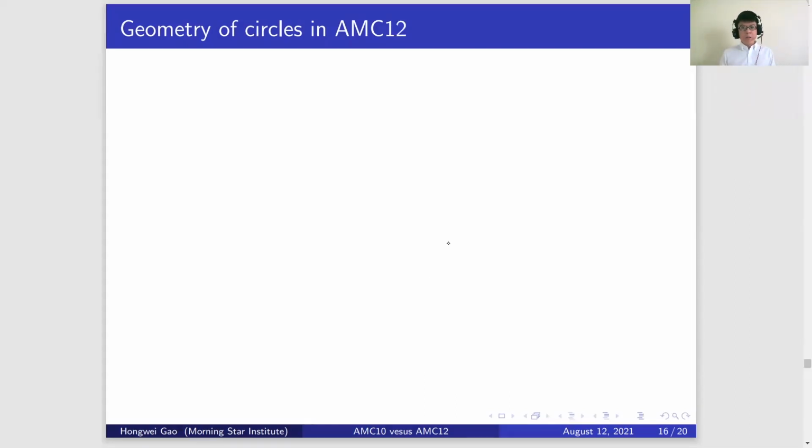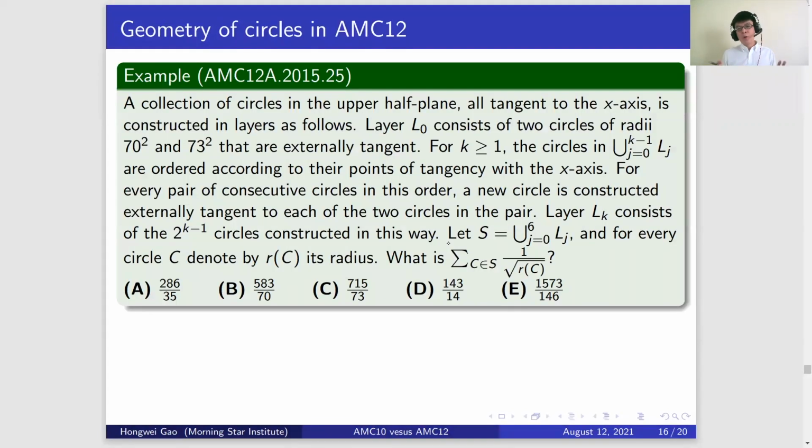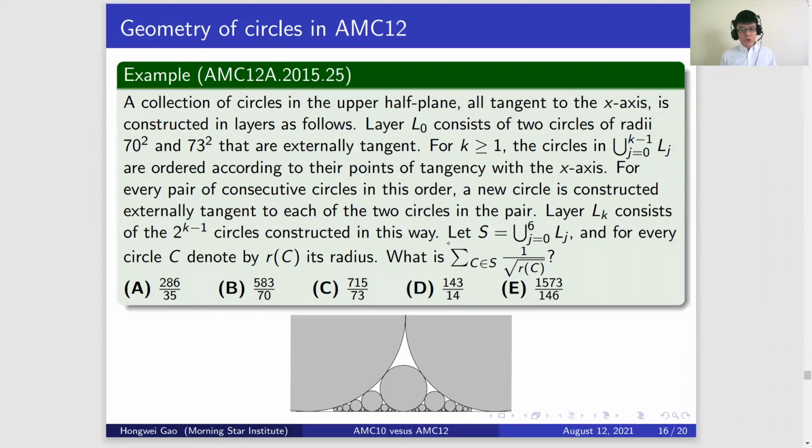To see the difference between these tests, here we see another example from AMC12. It is also based on tangent circles. As the picture shows, we see many circles here. They are linked consecutively via tangent relations. In fact, those circles are in a sequence of similar steps.